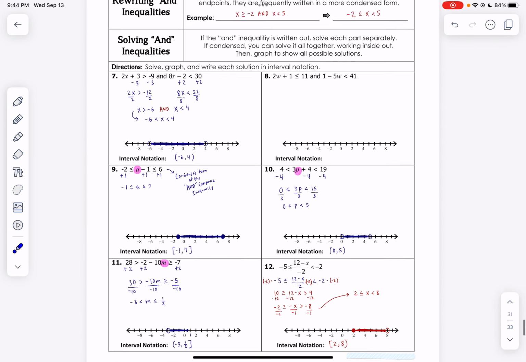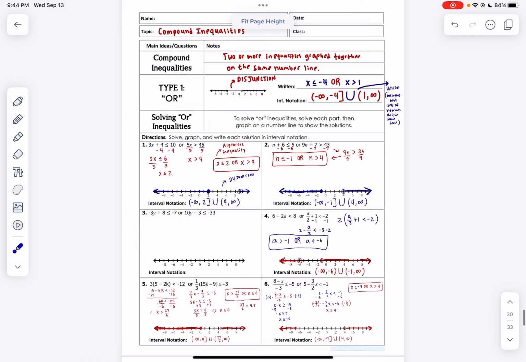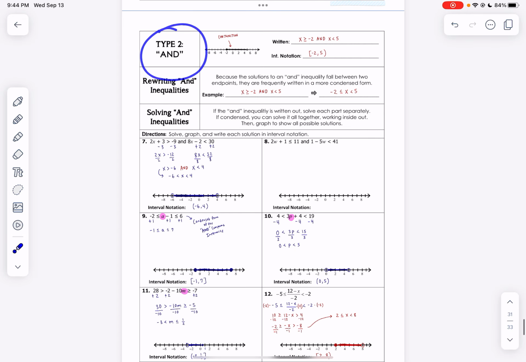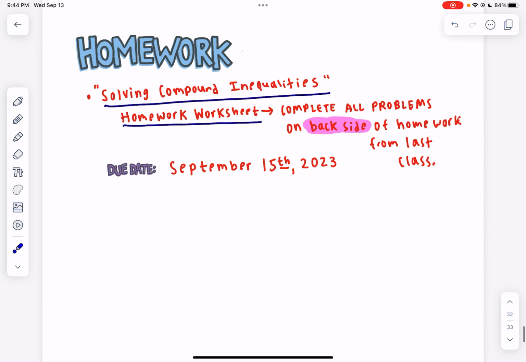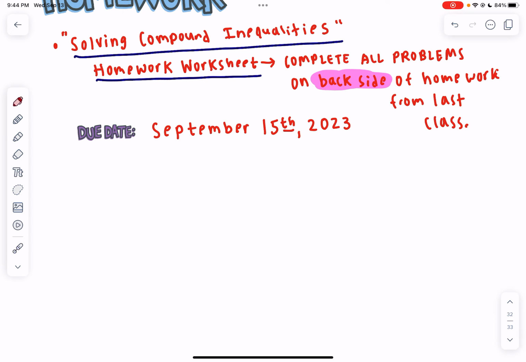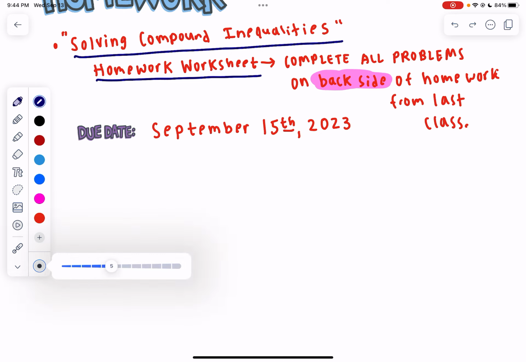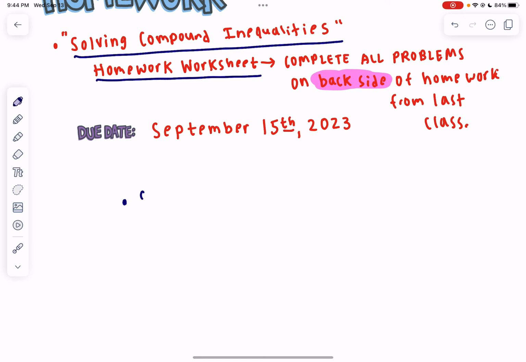Once again, today we finished covering the OR compound inequality and the AND compound inequality. And next class, we'll be talking about solving absolute value inequalities.